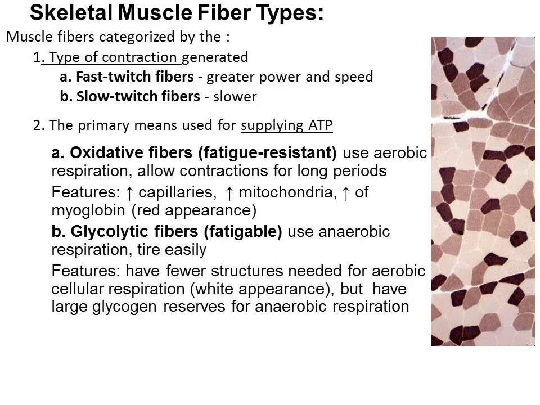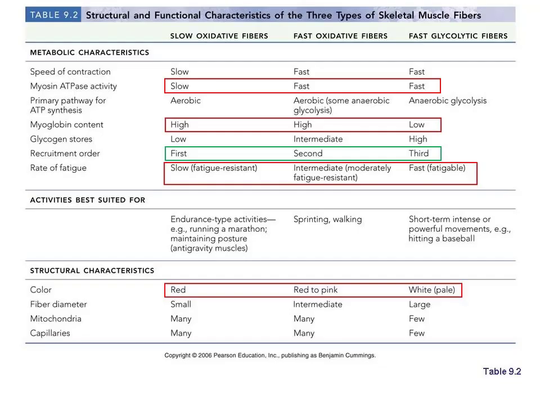And when you look at a particular section of skeletal muscle, you're going to see all three fiber types. The predominant fiber type in that muscle is going to dictate the performance of that muscle when it's subjected to strenuous activities. Now, you don't have to memorize this chart.